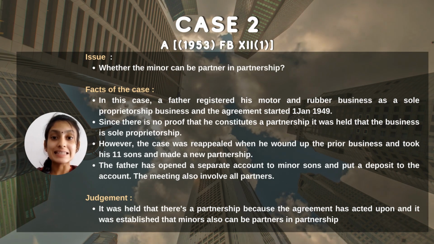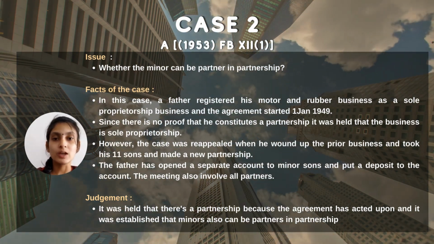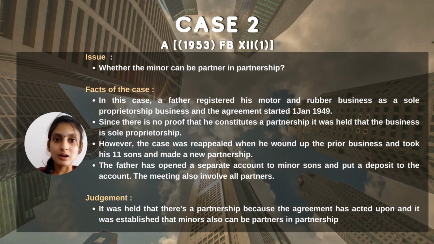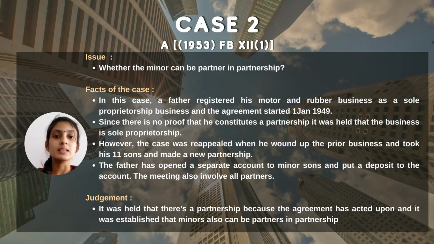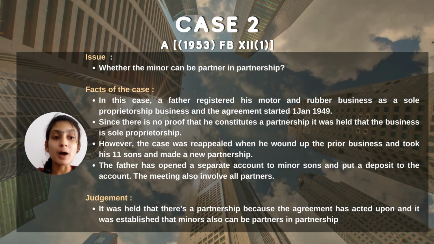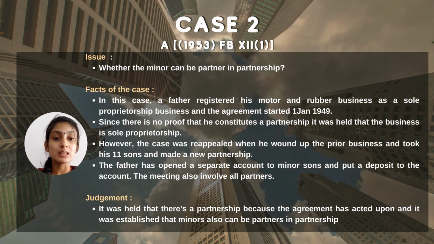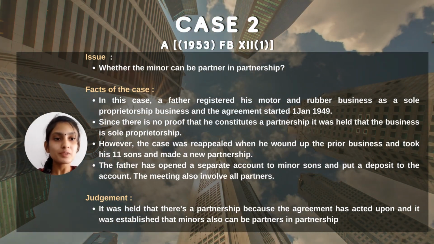So after this action, he re-appealed this case. Okay, so once he re-appealed, according to this current situation, after he took those several actions, what the judge says is, it was held that there is a partnership because the agreement has been acted upon and it was established that minors also can be partners in partnership.